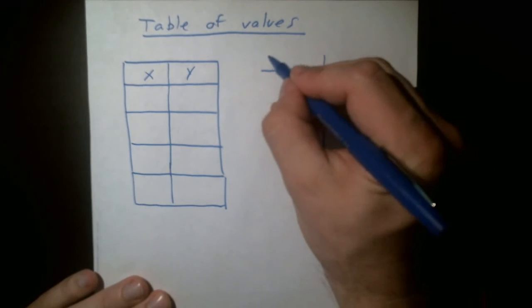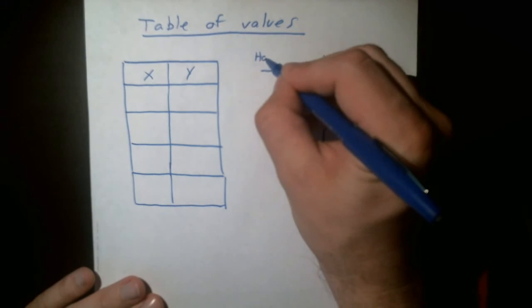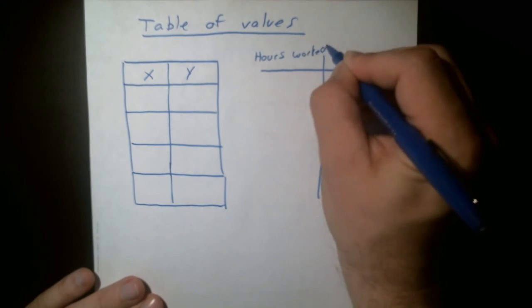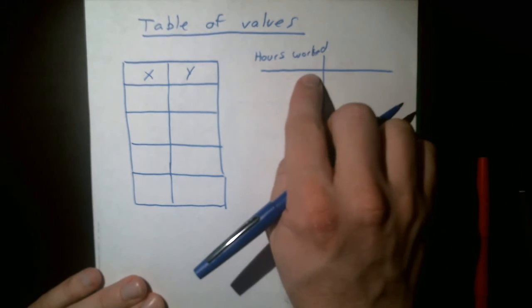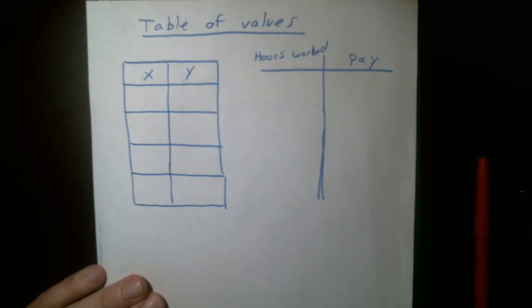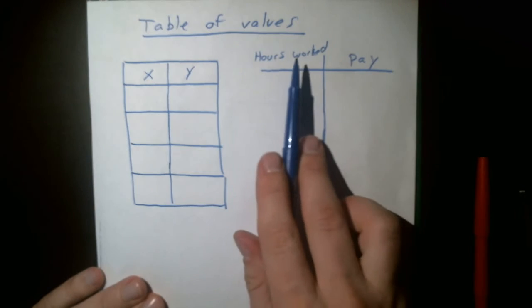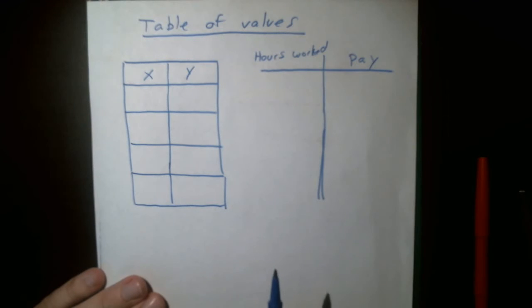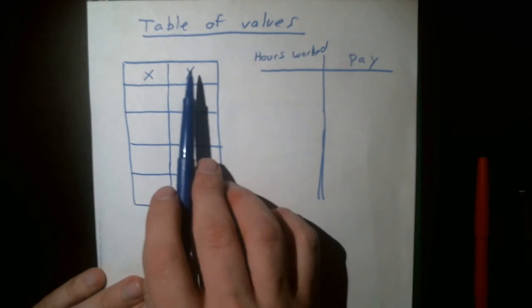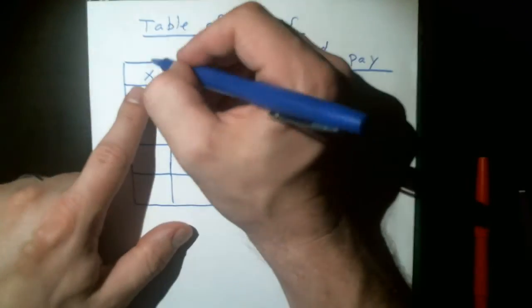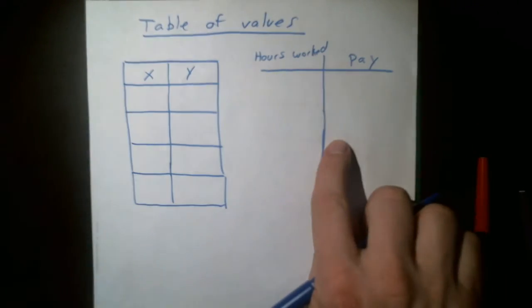So we have hours worked and pay. Now if you go back, remember the hours that you work determine the pay. So let's say we have our X and our Y. What does the X represent in this?